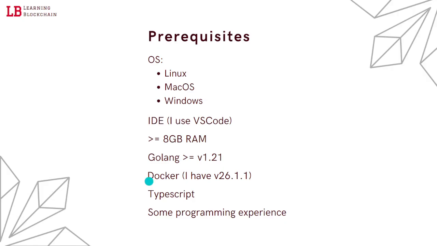You will also need Docker. I have version 26.1.1, but any previous version should work as well. We will be using TypeScript later on in the course, and obviously you will need some programming experience.